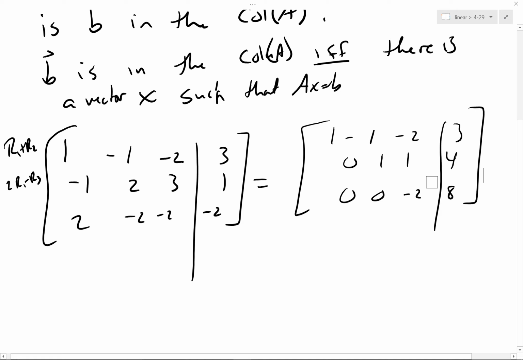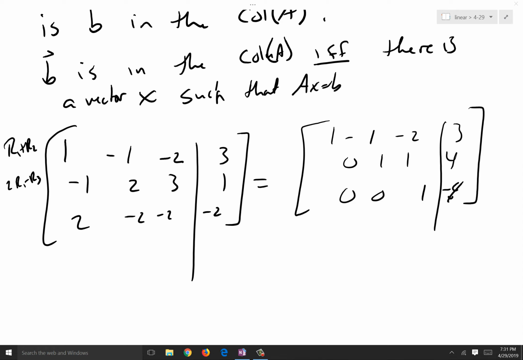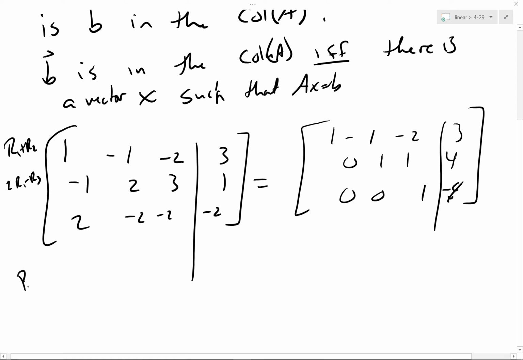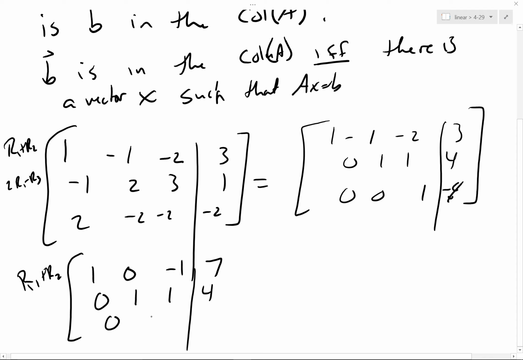Okay, I'm going to change these guys to 1 and -4, if that's okay with you. I'm doing it anyways. Boom. Okay, and then I went row 1 plus row 2, and I ended up here: 1 0 -1 7, and 0 1 1 4, 0 0 1 -4.